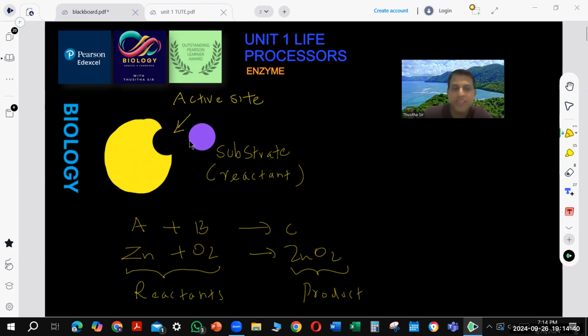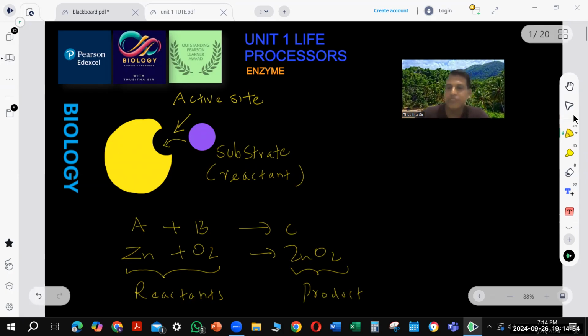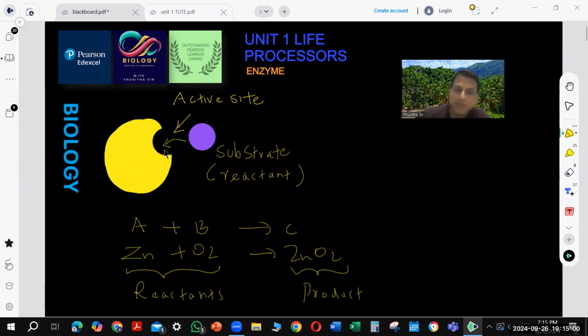Now the substrate and the active site nicely fit to each other. These places very nicely fit to each other. So this substrate is exactly fitting to the active site.